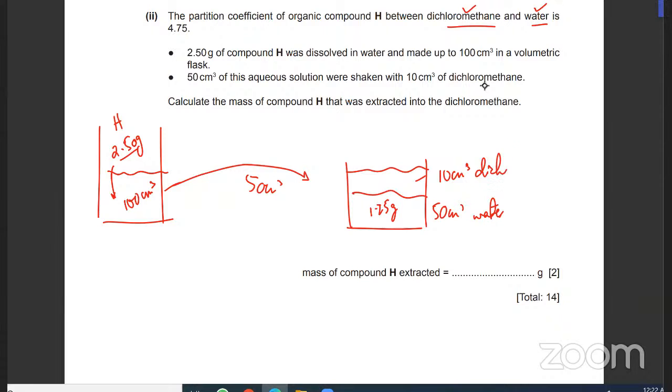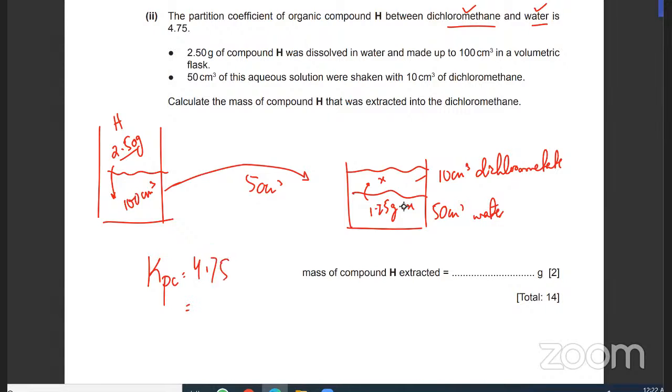So some of it will move to the dichloromethane layer, so that's going to be X. So over here, it's going to be 1.25 minus X. So some of it would travel into the other layer. And you already know what the KPC value is, which is 4.75.